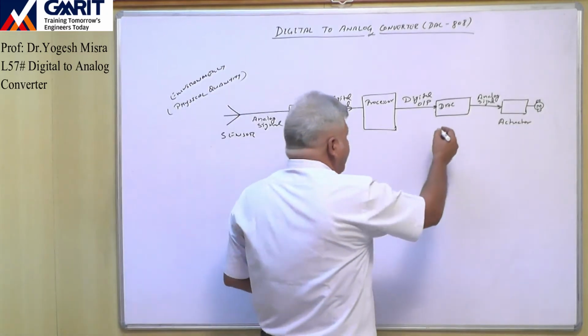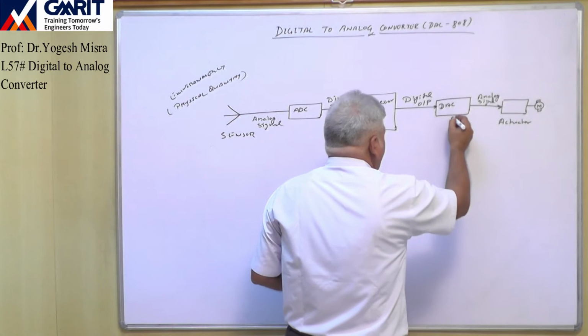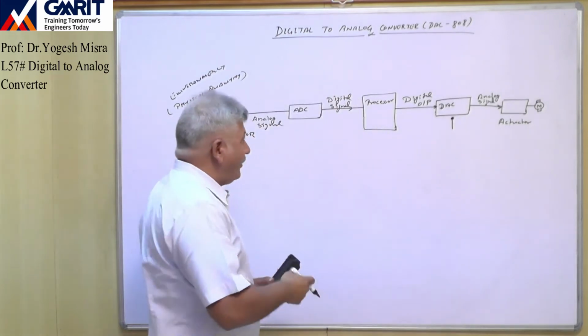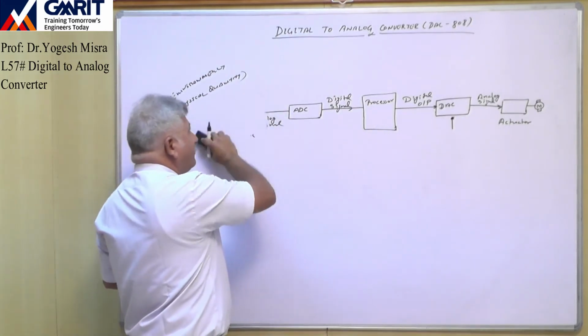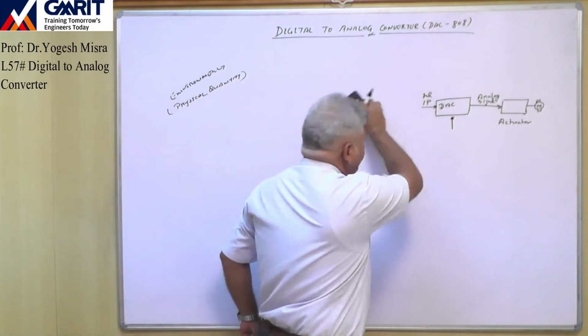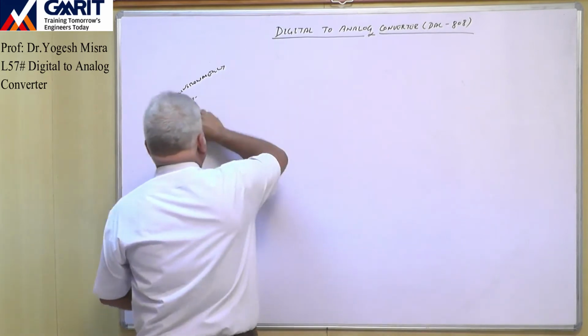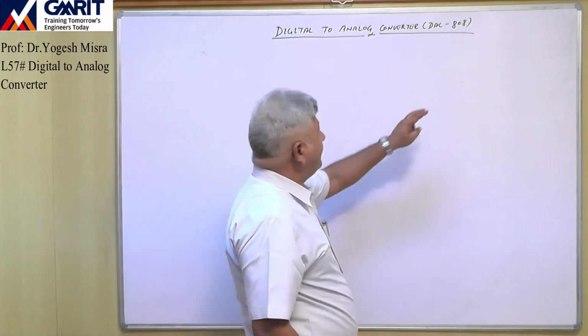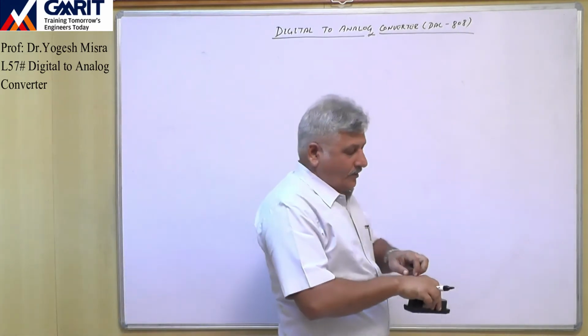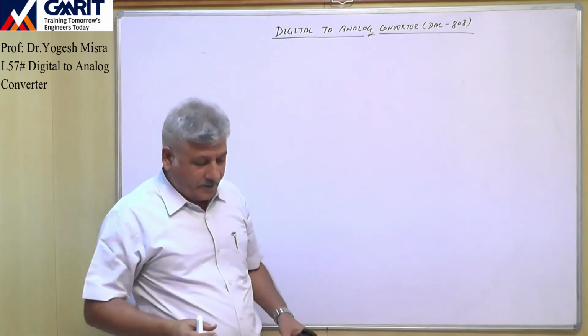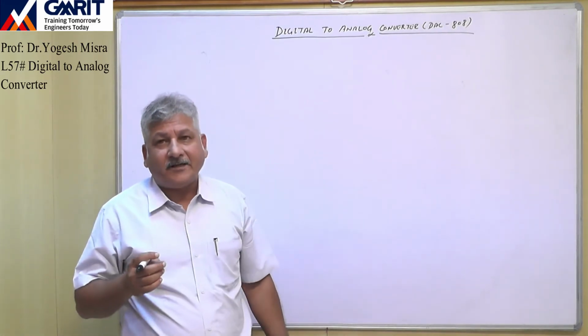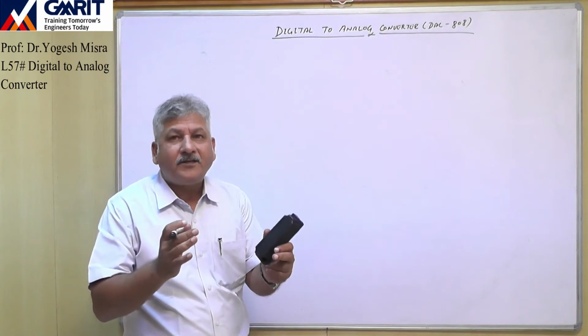So here the DAC also plays an important role. We will discuss this digital to analog converter, and the particular IC which we will discuss is 0808. This 0808 DAC is an 8-bit DAC. It has 8-bit digital input lines.